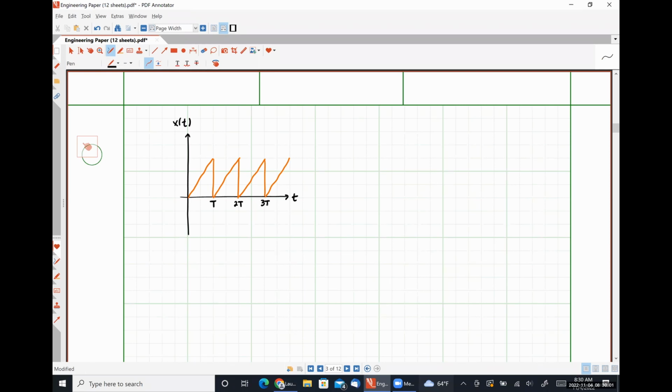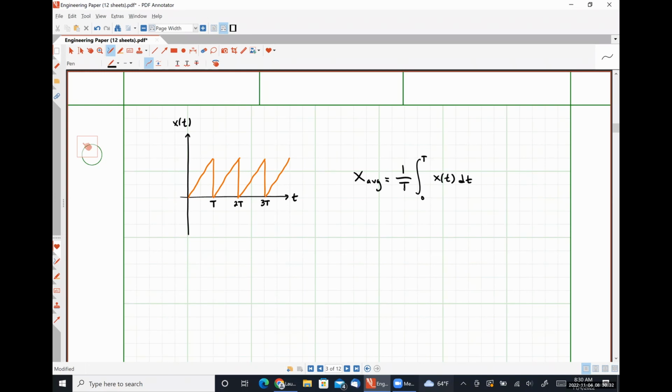You should have covered this in your calculus classes, but if not, it's okay. So x average is going to be equal to the integral over exactly one period of x of t, and then we divide that integral by the duration of the period.